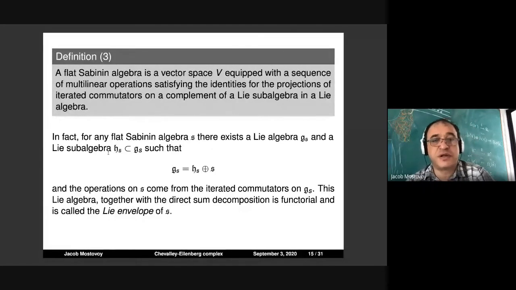I have to say that there is more than one Lie envelope for a Sabinin algebra, but when people talk about the Lie envelope, normally they speak about the minimal Lie envelope. We'll see later the examples of other envelopes.